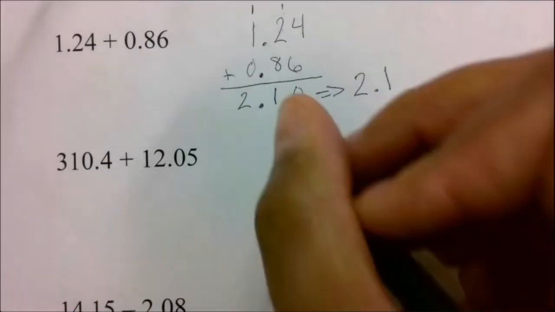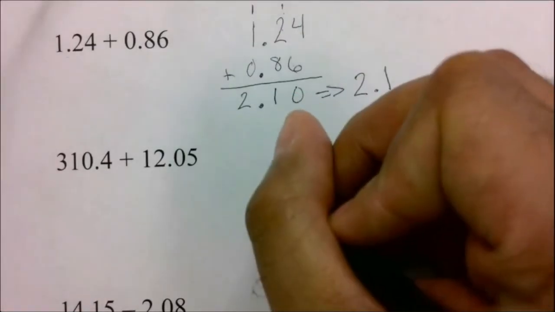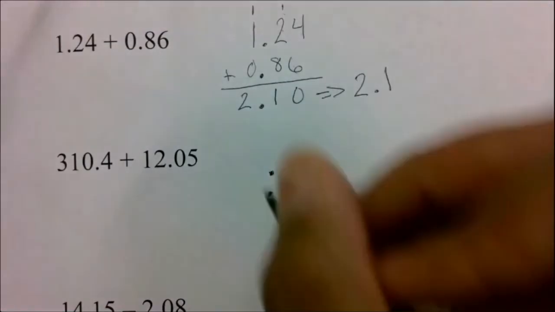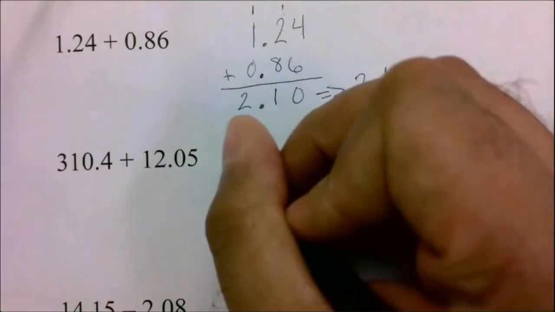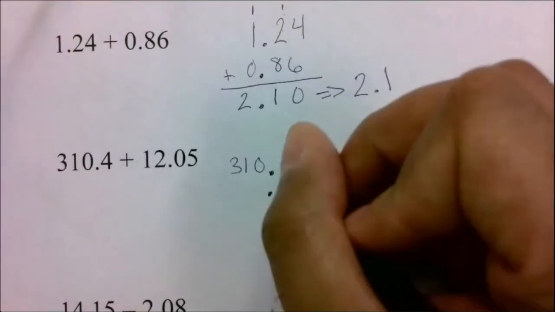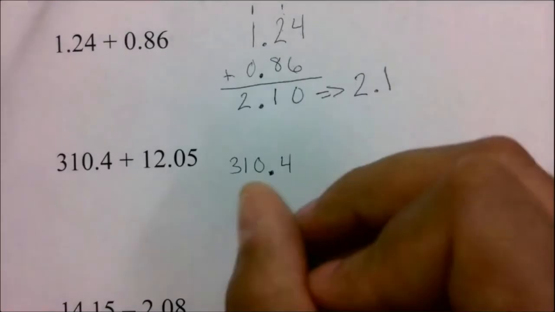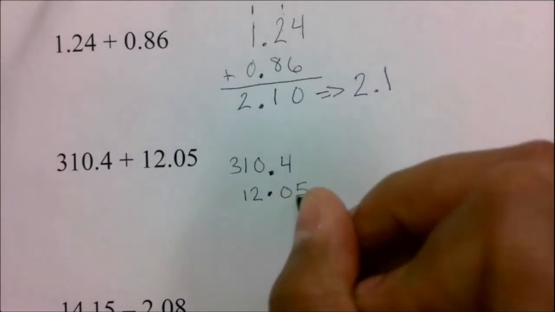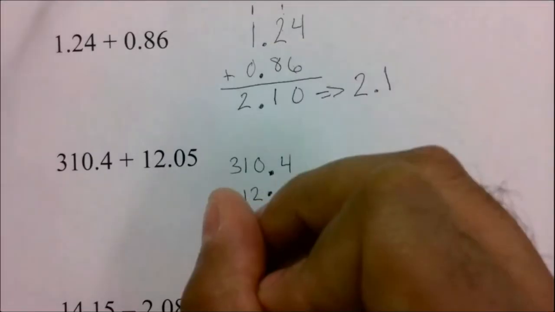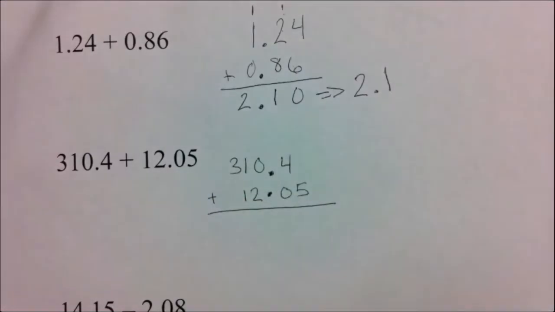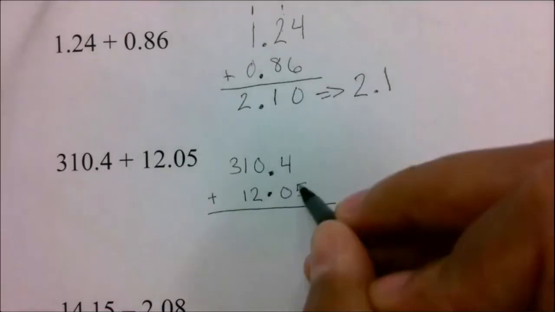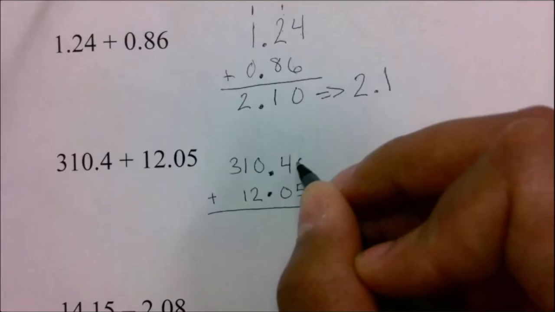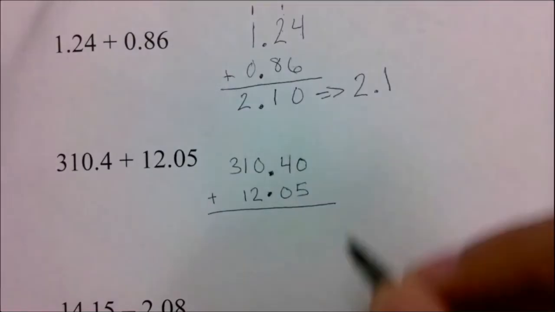12.05. All right, so we'll do the same thing. Set it vertically and line up our decimal points. So at the top we have 310.4. Bottom is 12.05. Let's add these up. So, in this case, we have an imaginary 0 behind our 4. Add them up.